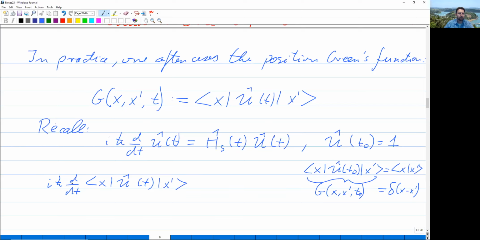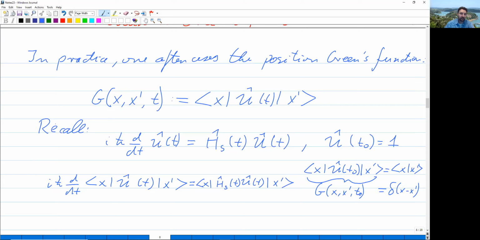In principle, the i h bar d by dt is inside here, but we can pull it outside because the x is some constant position vector. And this is then equal to x, and then we have h hat s of t, u hat of t, and x prime.